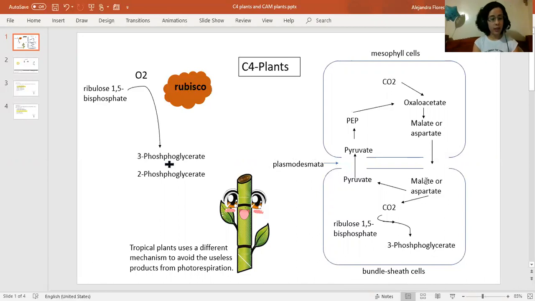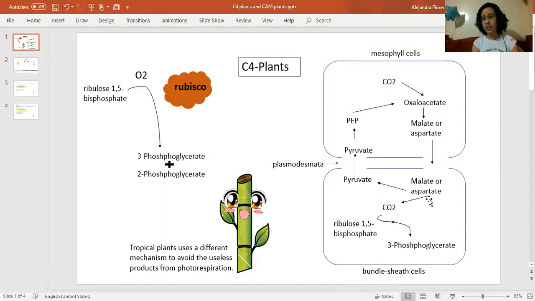And by being here, an enzyme called malic enzyme is gonna be able to liberate the fixated CO2 molecule. And actually, experiments have demonstrated that this CO2 molecule is the same as this one. So this is how the mechanism is working. It's using spatial separation.